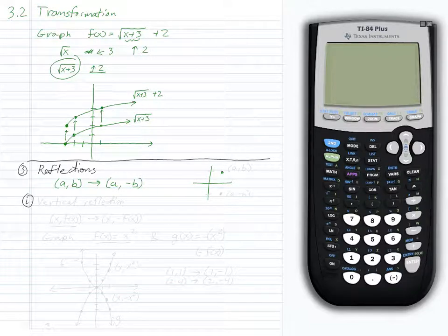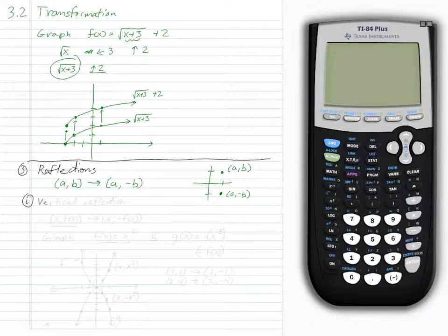Here we have our point A, B. There are A units and B units vertically. Its mirror image across the x-axis will be located at A, negative B.